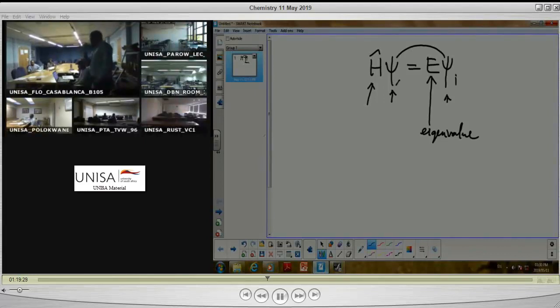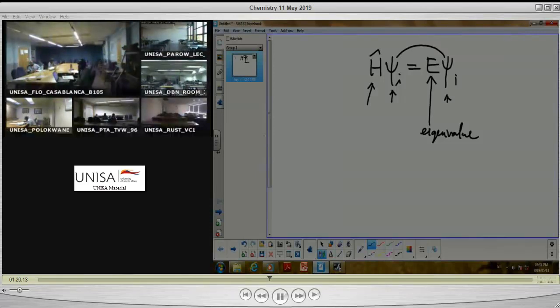Quantum mechanics says that each and every particle that exists has at least one wave function that describes all its properties, everything about that particle. All properties it has are packed in that wave function.